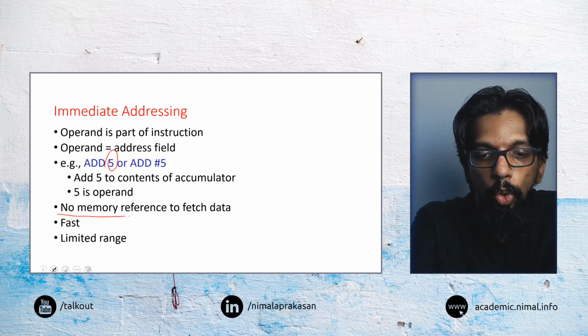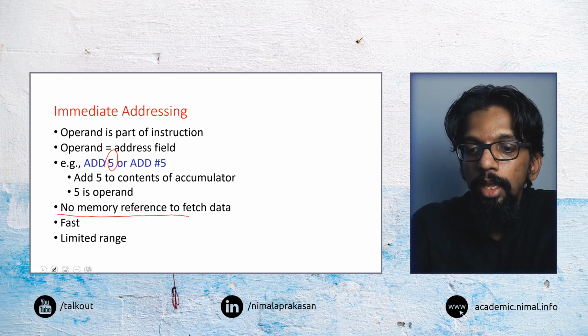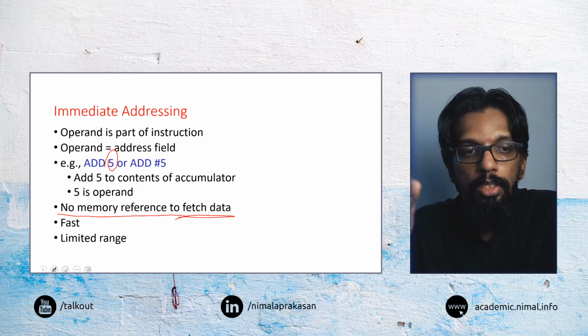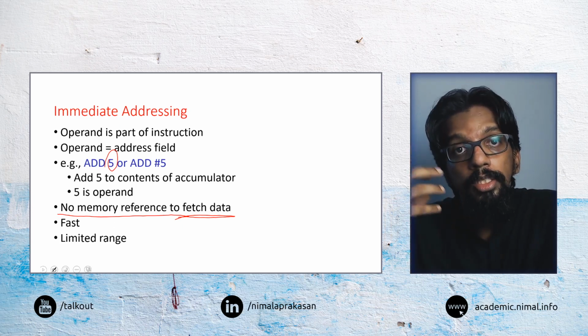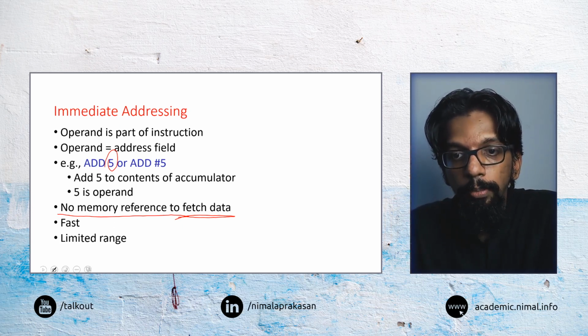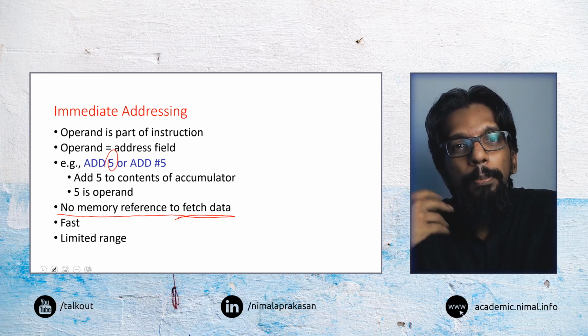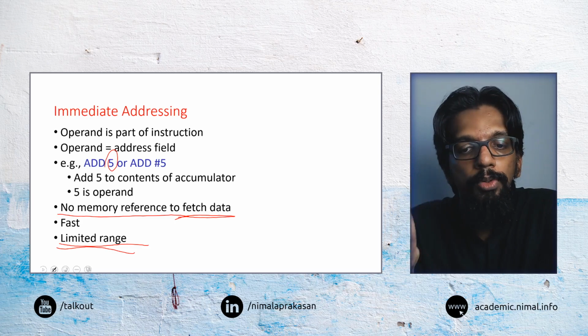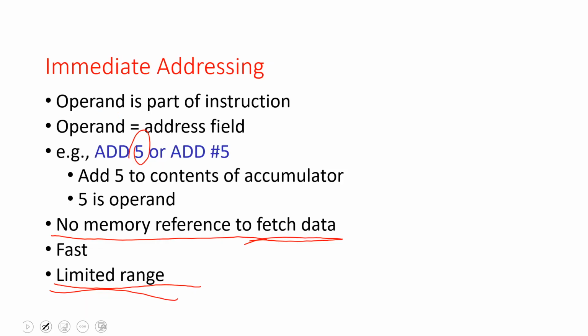No memory reference will be made, and there's no reading from a memory location. That means the instruction can be faster using immediate addressing, but the problem is we cannot do much with this, because only a limited range of operations can be performed in this mode.